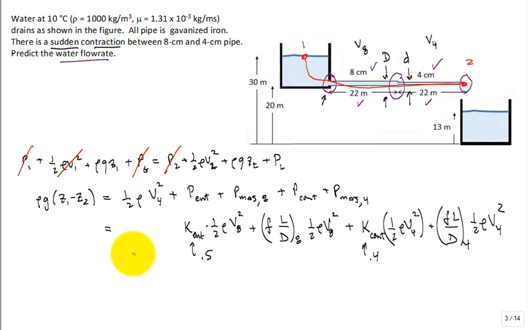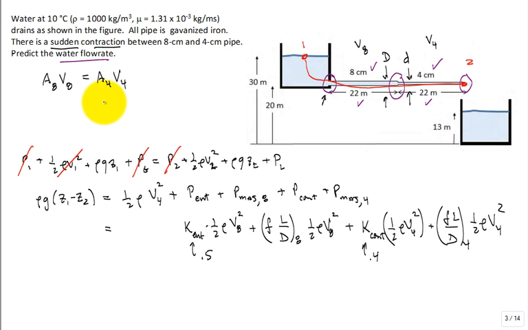At this point, you have a choice. It's like, hold it, I got 2 speeds here. I need to convert one of the speeds, like say V8, express it in terms of V4. So we can go to continuity. If you go to continuity, does the volumetric flow rate through the 8 centimeter pipe equal the volumetric flow rate through the 4 centimeter pipe? Is that okay?